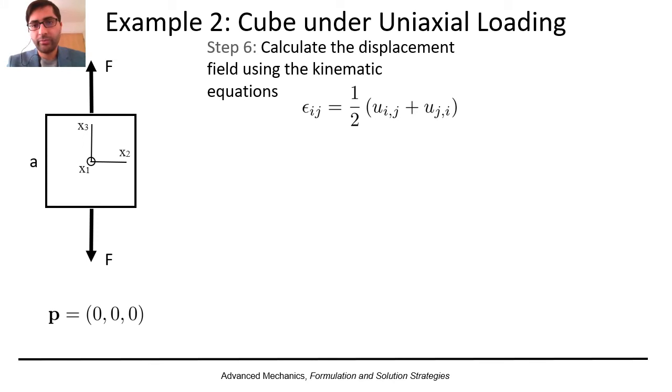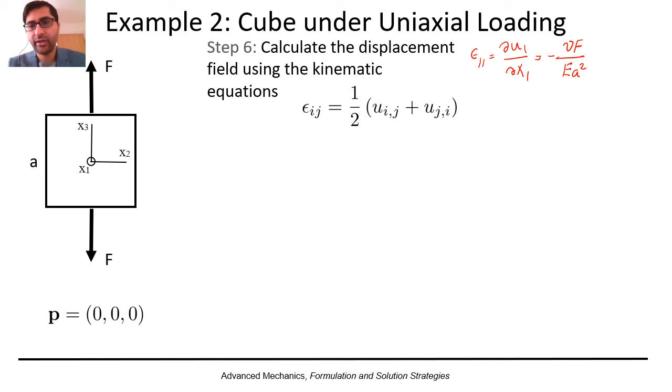So, for example, for epsilon 11, it's equal to u1,1 or partial u1 partial x1, and we know it's equal to minus nu F divided by E a².